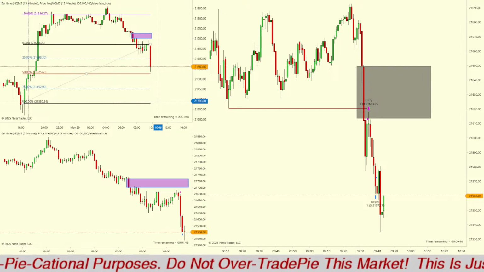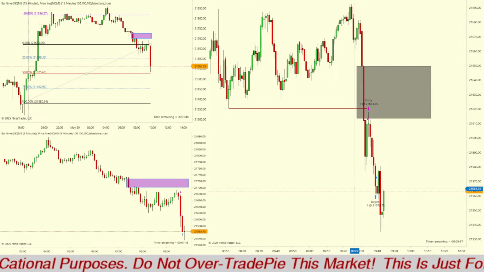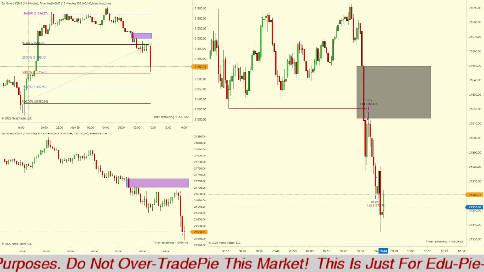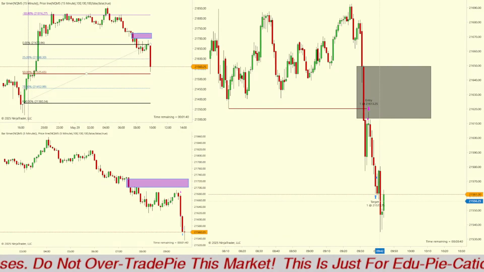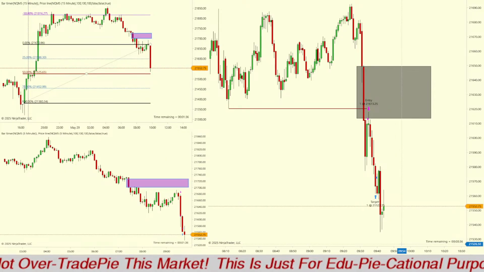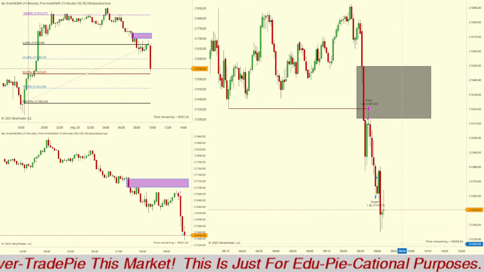For those who want to enter, they can also enter in this buy side sell side imbalance, the inefficiency formed over here, and try going lower to reach the 520 level.